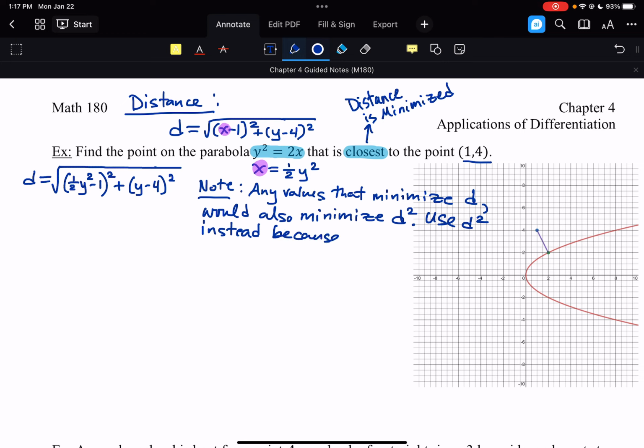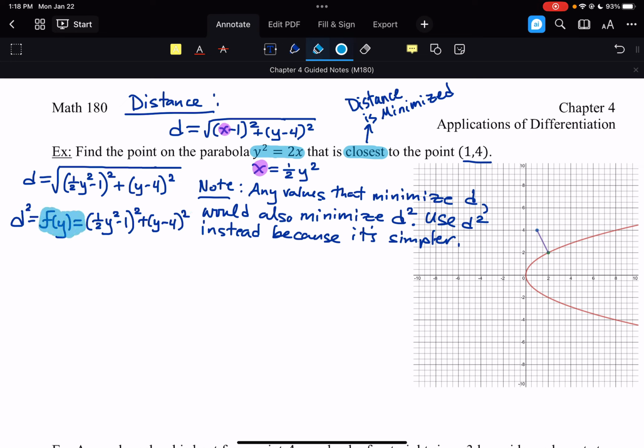Because it's simpler. And I will reiterate, it's not wrong to use the original version of the formula, but it's going to be a lot simpler to use D squared. So this will be what we call f of y. So that's (1/2 y squared minus 1) squared plus (y minus 4) squared.